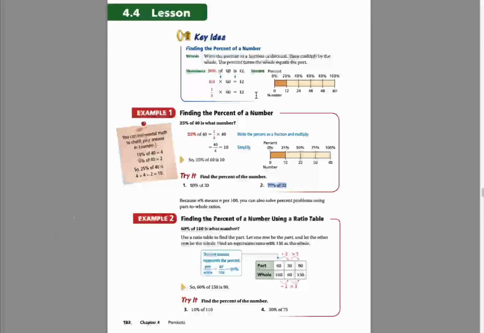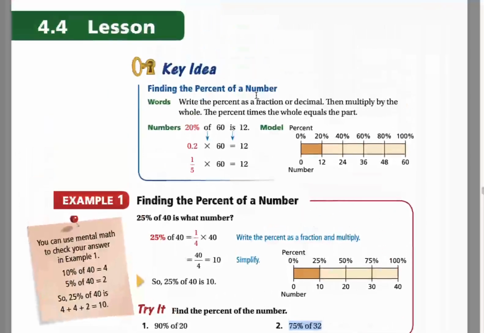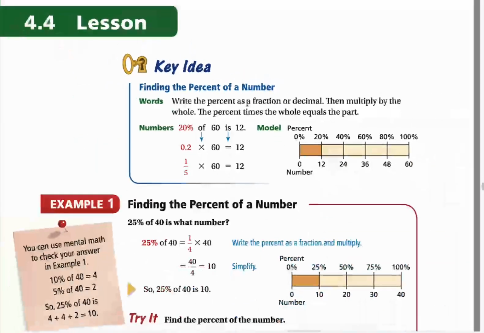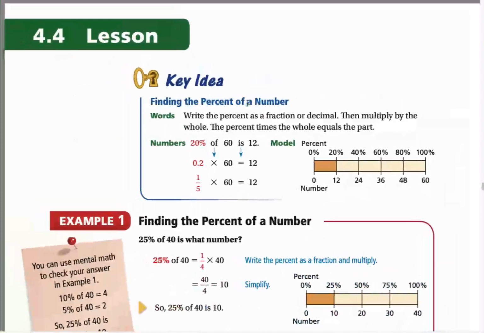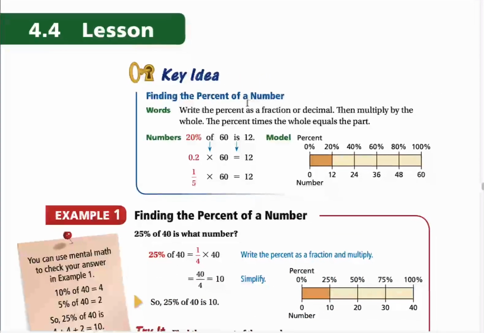Okay, let's start with the key idea here of this lesson. But before I start, I will give you the main idea, but I want to ask you a question. What is the whole one as a percent? 100.